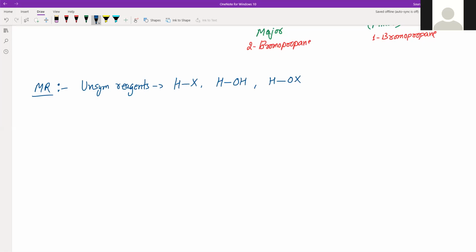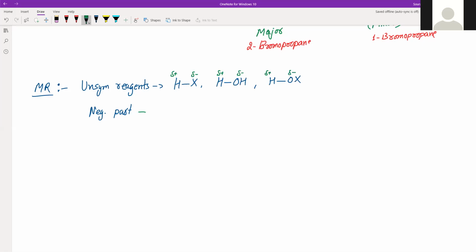And when they attack unsymmetrical alkenes, it occurs in such a way that the negative part of the adding molecule, because all these have a negative and positive part. This is delta positive, this is delta negative. This is delta positive, this is delta negative. Delta positive, and this is delta negative.